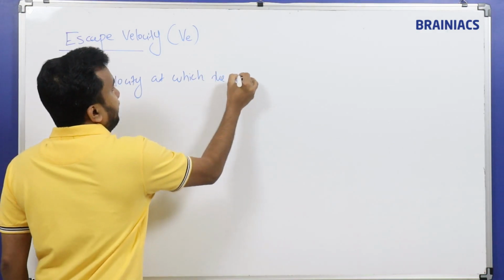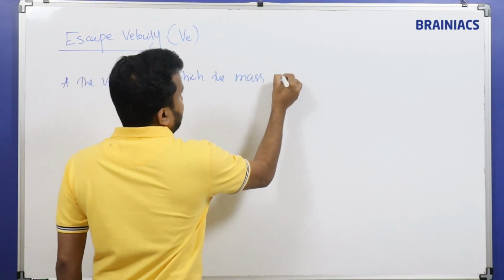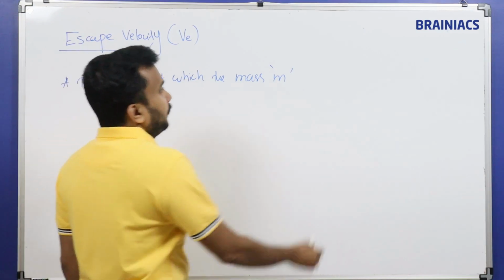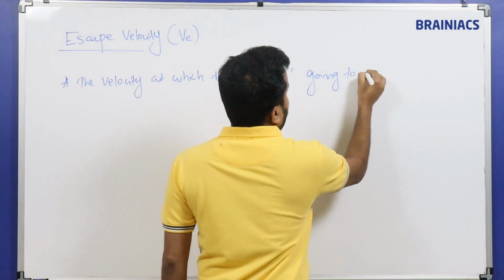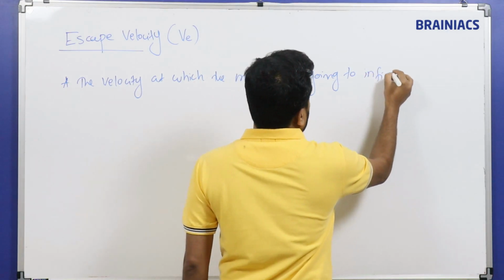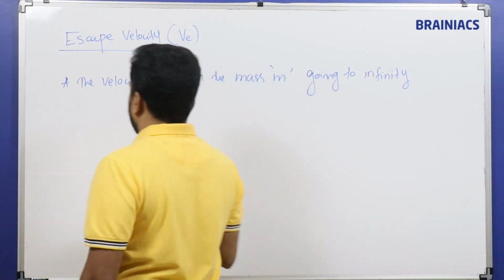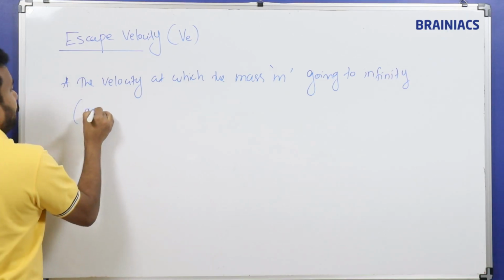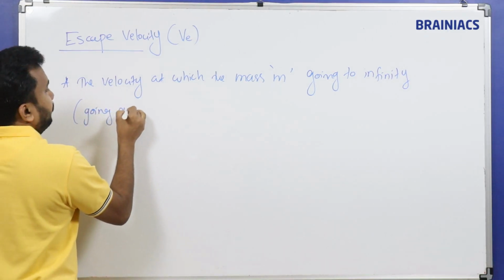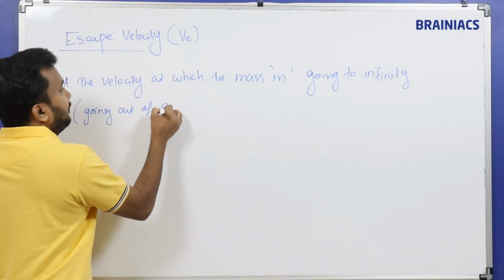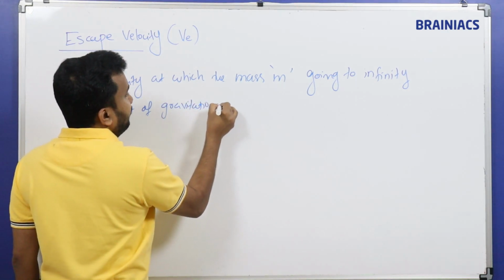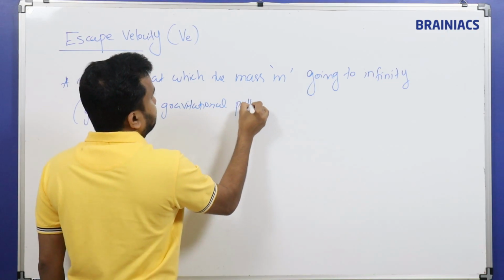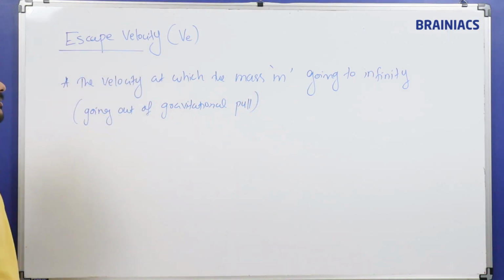the mass m, any mass you are throwing, going to infinity. Going to infinity means going out of the control, going out of gravitational pull.